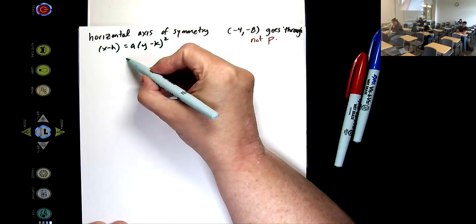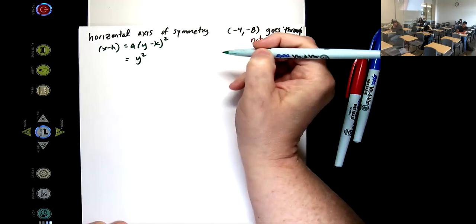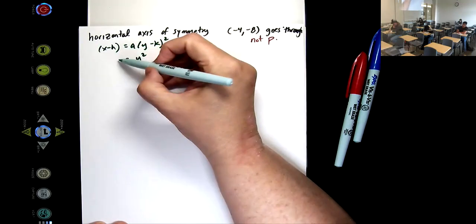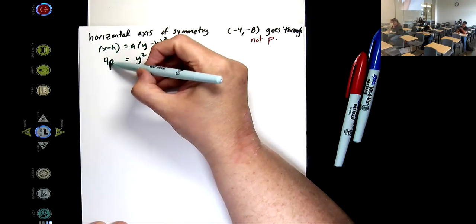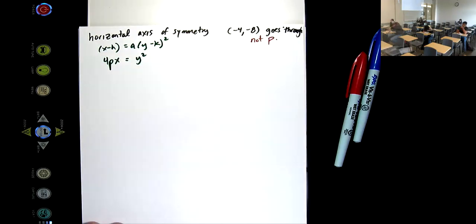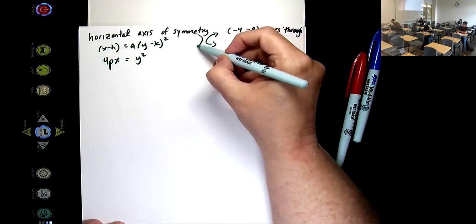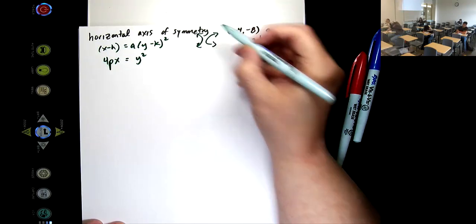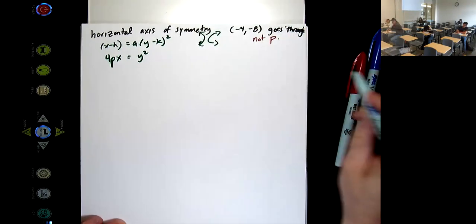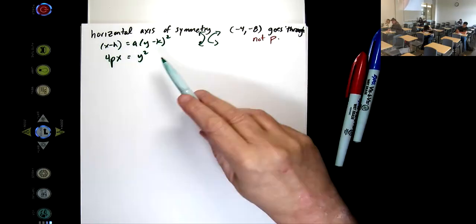I know I have a y squared here. That's what I'm looking for. That tells me that the 4P is on the x. Horizontal tells me it's opening left or right. It's doing one of those, depending on a being positive or negative. But I know that's going to be the setup.